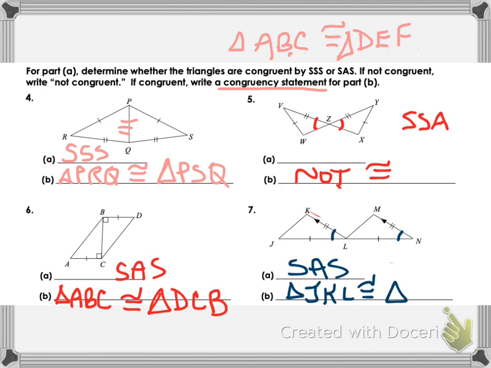So this is going to be LMN. Now depending on how you write your first triangle, what order the letters go in, you might have different answers for the second part. That's fine, just make sure they match up, okay?